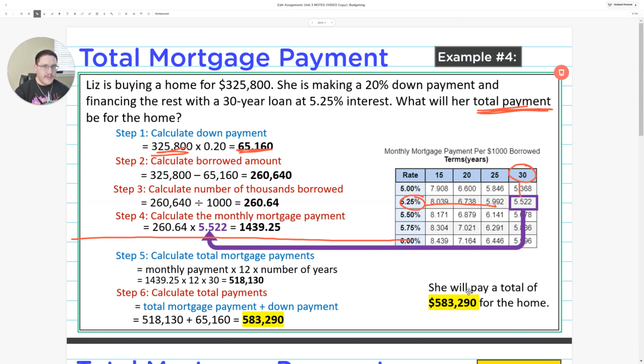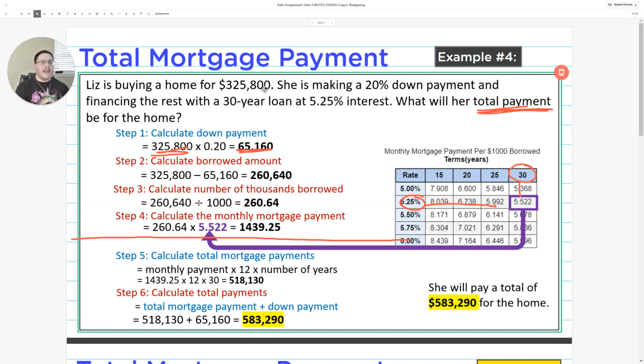So notice how big of a difference this is with these mortgage payments, with how much money in interest the bank, or whoever's financing the loan, the mortgage, is getting. Notice how much more you're having to pay to get this financing. $325,800 was the original price of the home.